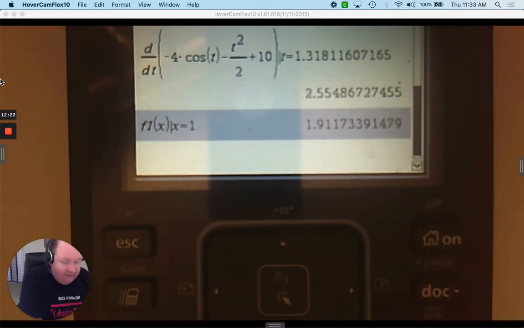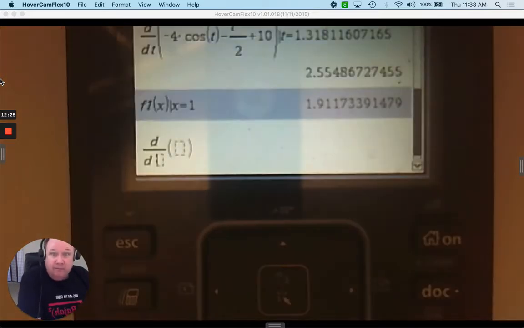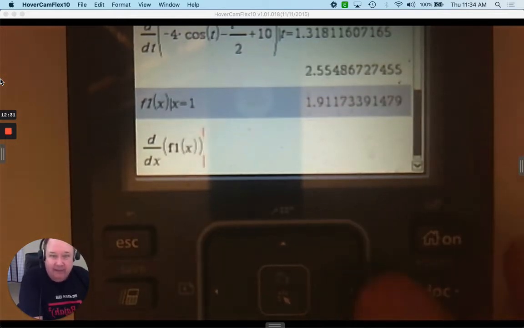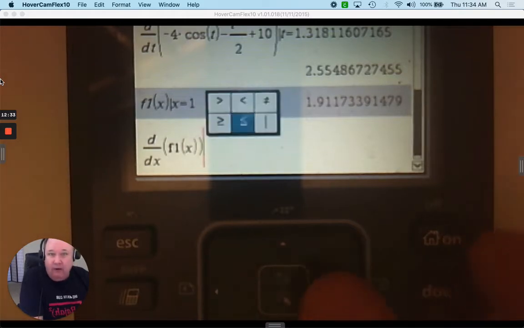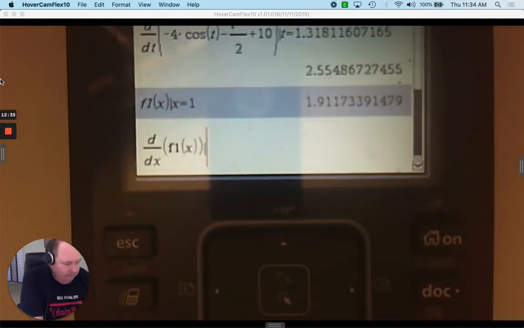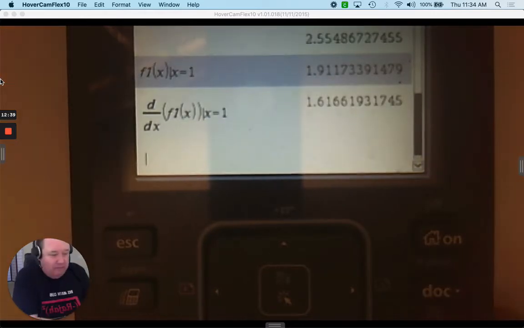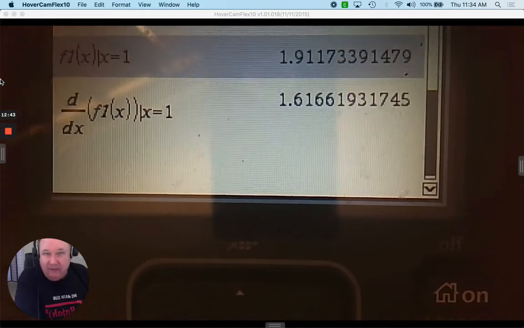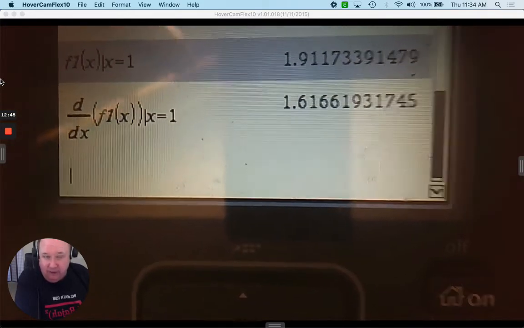Then I want to take the derivative, and again, we're using x. And again, we're going to evaluate at 1. And so what I'm looking for is it positive, negative, or 0? So the velocity is positive, and the acceleration is positive.